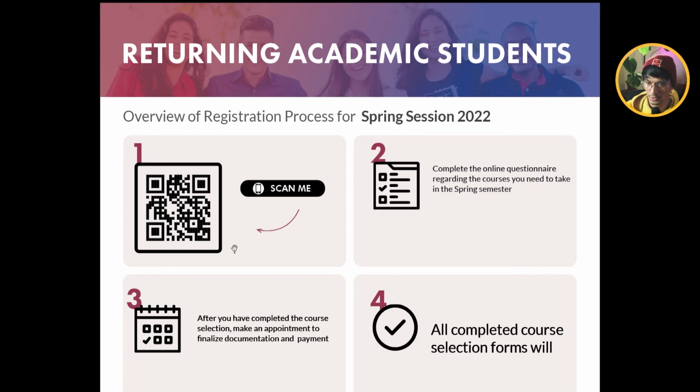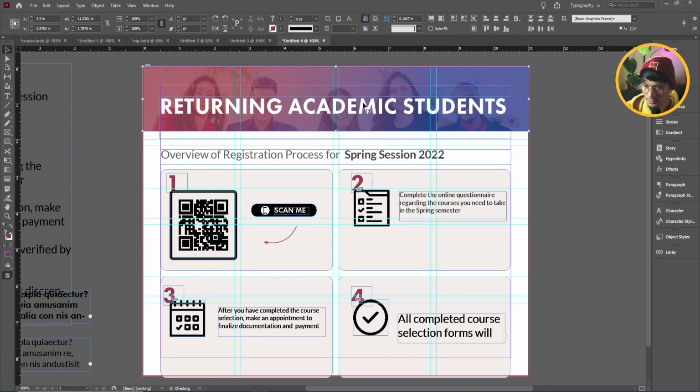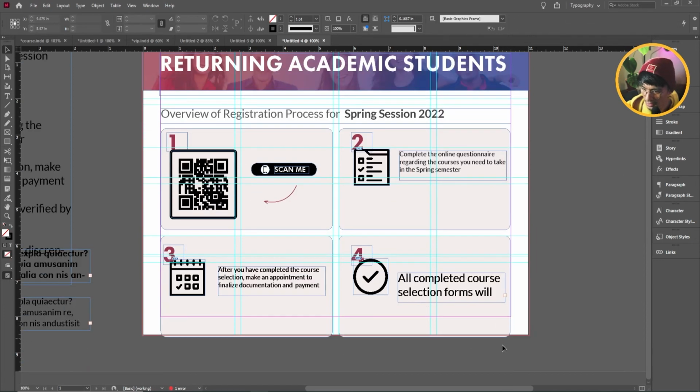There's a lot of improvement that we have to do. We can make this one a little bit smaller. We can copy that. We can do this right here so we have more space for all the elements and it doesn't look cramped.